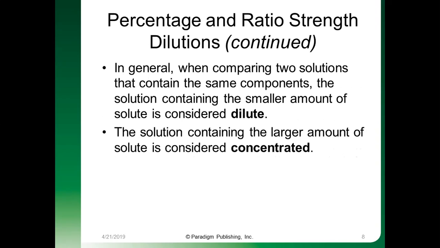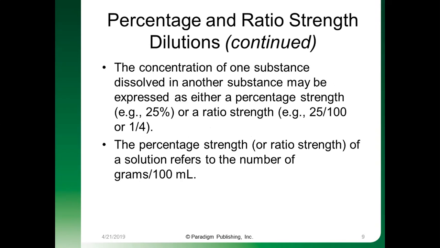In general, when comparing two solutions that contain the same components, the solution containing the smaller amount of the solute is considered dilute. The solution containing the larger amount of solute is considered concentrated. And we talked about concentration in the previous chapter.